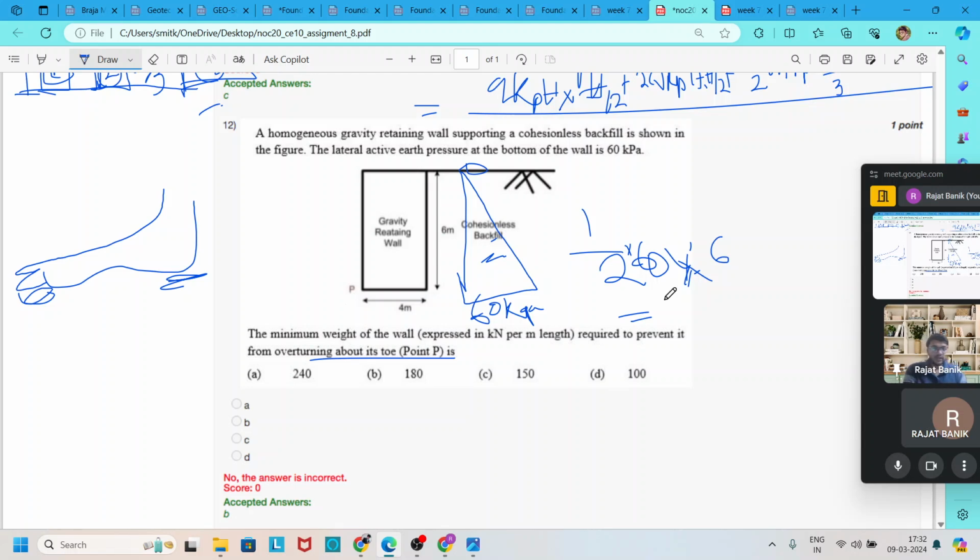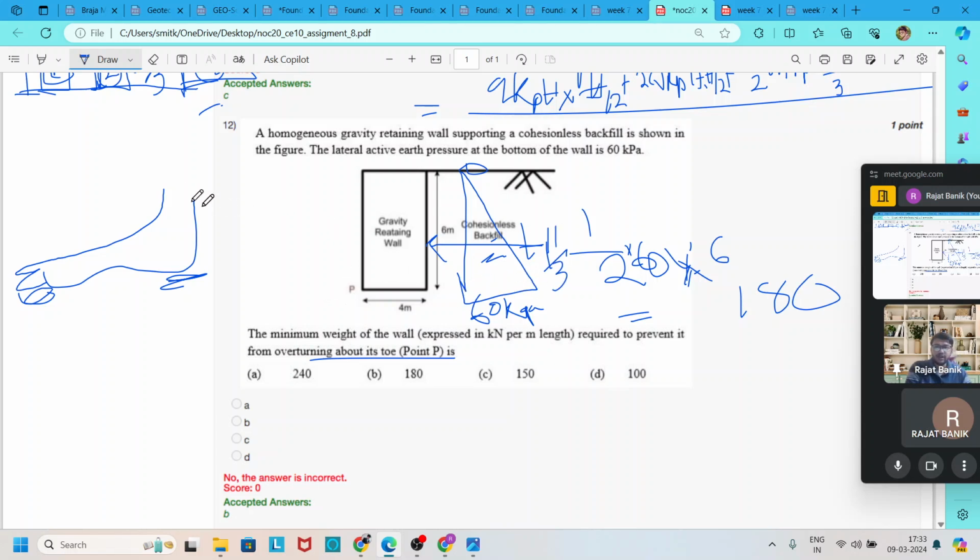So the total active thrust is 180. We know that this active thrust acts from the bottom of the wall at a height h by 3.